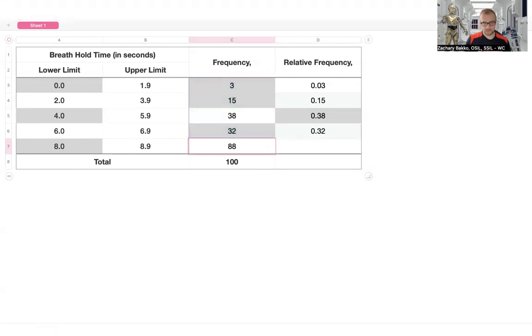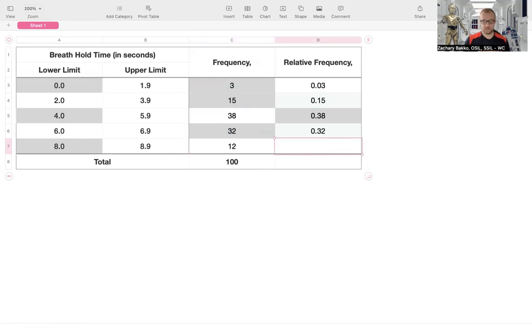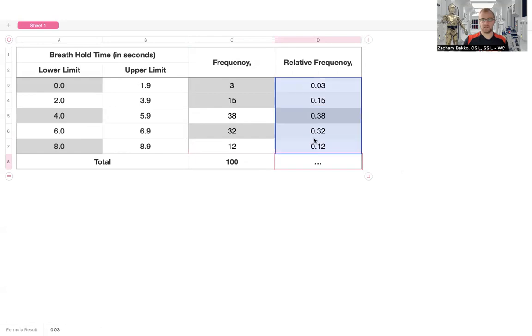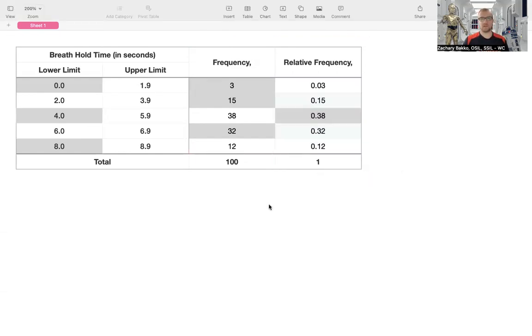So what we can do is 100 minus 88 is 12. So we know 12 will be the value here, and thus this would be 0.12. And our relative frequency should add up to 1. So if we take the total of this, we see it adds up to 1. So we're all good here with our frequency distribution.